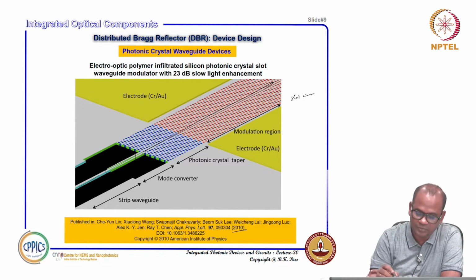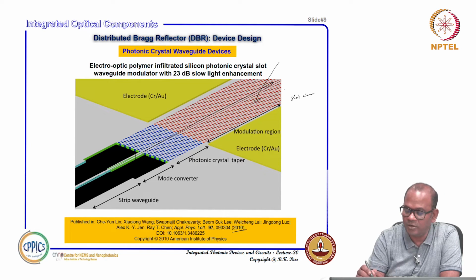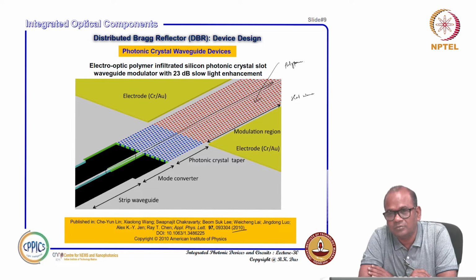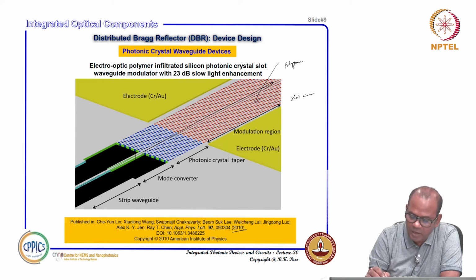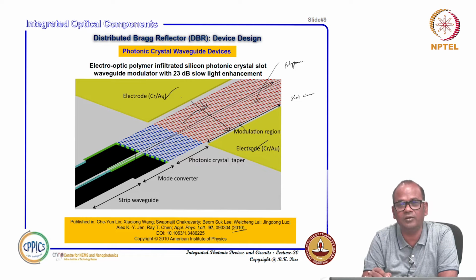So, what is done: when they have created holes, on the top of it they have just poured a certain kind of polymer. This polymer is very good in electro-optic effect. That means, if you apply a voltage across a certain distance with two electrodes, maybe this is one electrode, this is an electrode, and you apply a voltage across that, that means you can create an electric field.